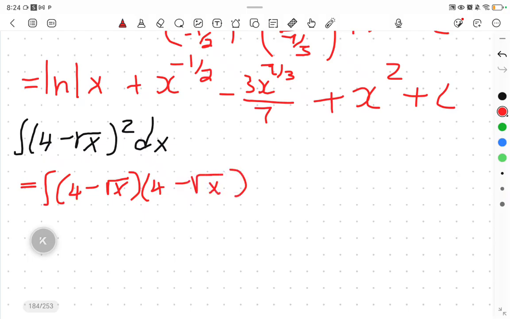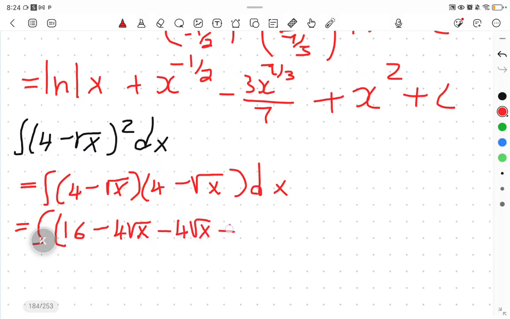You see, right? This is the same thing. So you just have to expand it like that. And this gives us 4 times 4 is 16. And then minus 4 root x minus 4 root x plus x dx. You see, right? So the root of x cancels out when you multiply those.